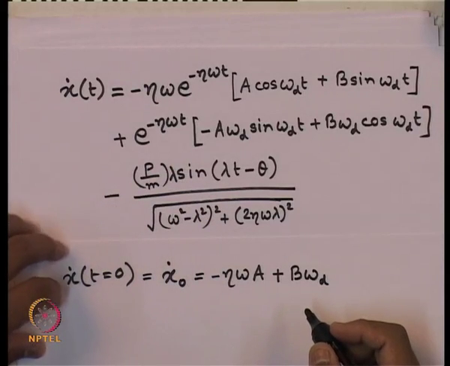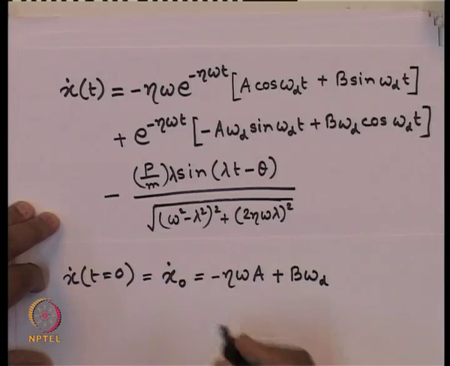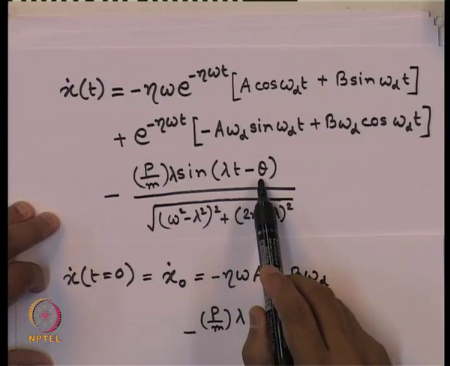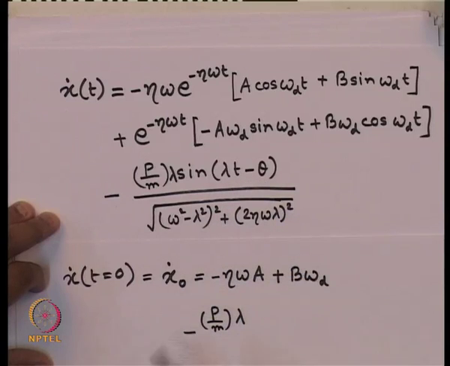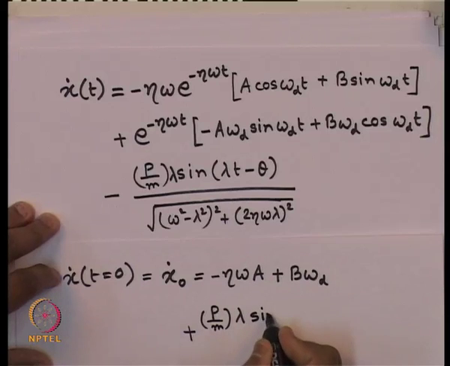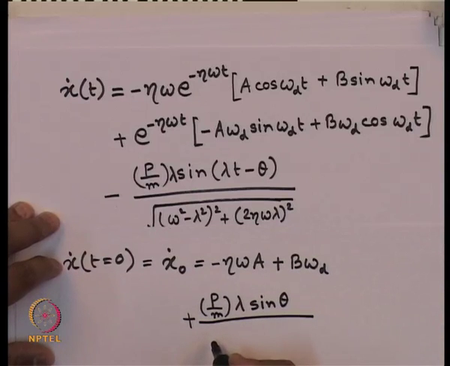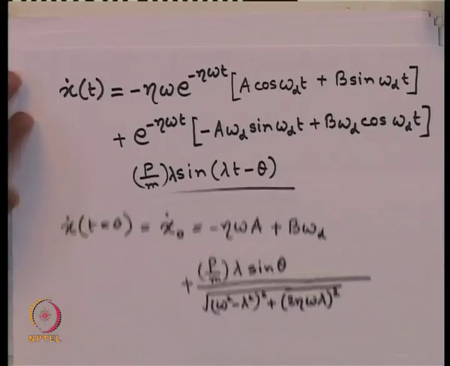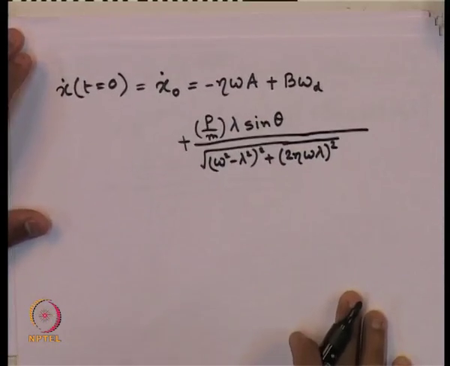From the third term I will get minus p by m lambda, where sine of minus theta is minus sine theta, so it will become plus sine theta divided by the denominator, which remains as it is, root over omega square minus lambda square whole square plus 2 eta omega lambda whole square.